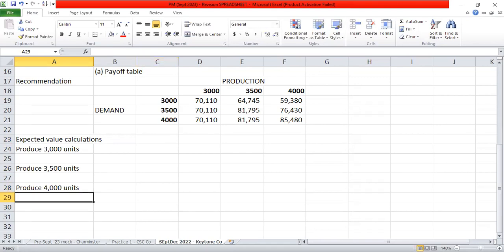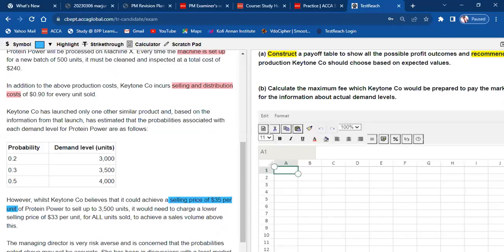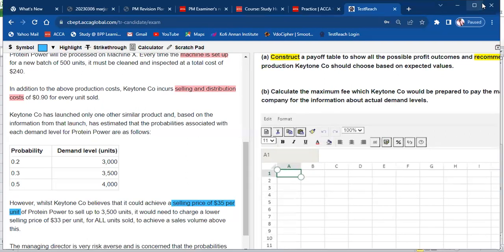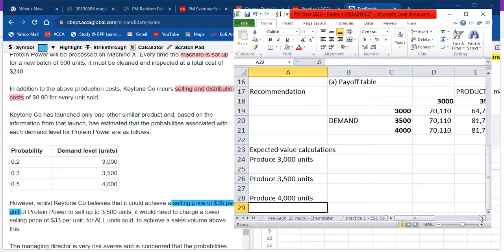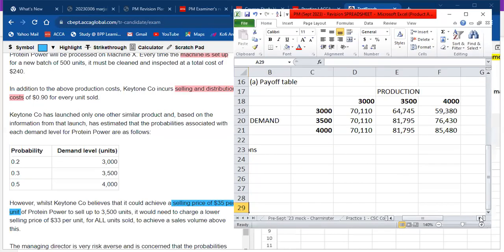You are given the probabilities of demand of 3,000, 3,500, and 4,000 to be the numbers on screen.